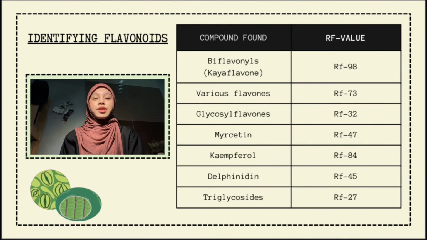They also found delphinidin RF 45 and various triglycosides RF 27. This qualitative analysis confirms the rich flavonoid profile of these plants, which Ayn will now elaborate on in terms of their significance and application.